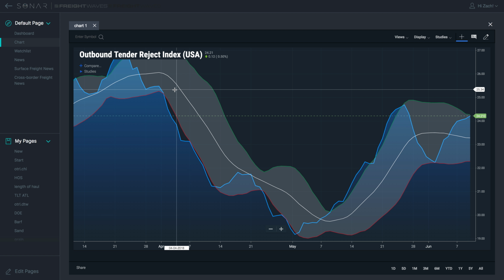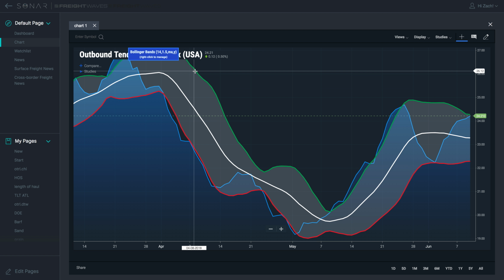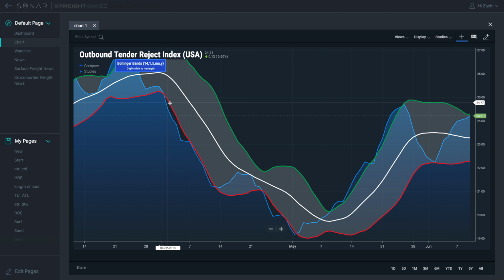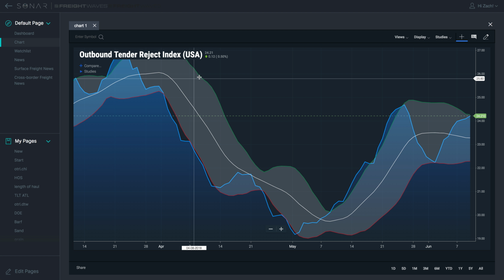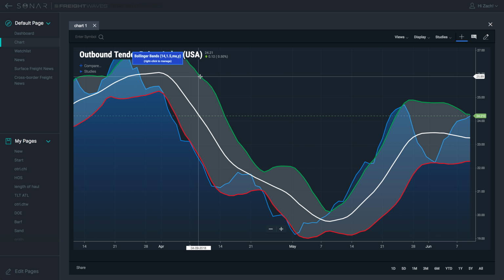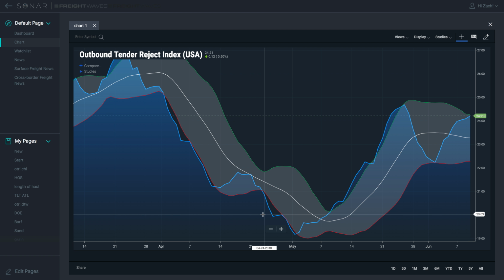To the top side of that white line, you're going to see a green line, and on the bottom side, you're going to see a red line. These are standard deviations. So it's 1.5 standard deviations lower on the red side and 1.5 higher on the top side. Whenever this blue line moves through either one of these standard deviations, it means you may want to be paying attention to the market.